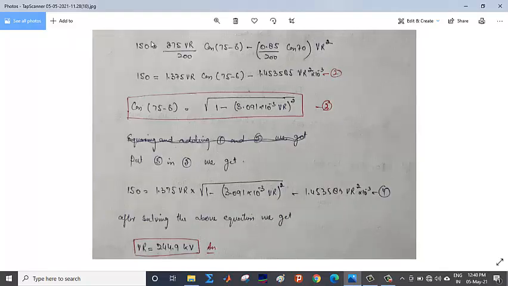Using the real power, it will be equal to 150 into 275 into VR divided by 200, cos of 75 minus delta, minus 0.85 divided by 200 into cos of 70 into VR square.